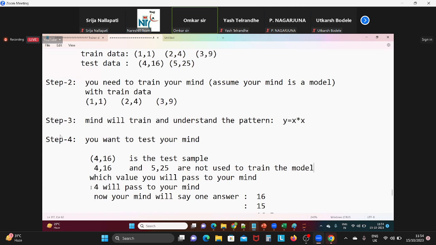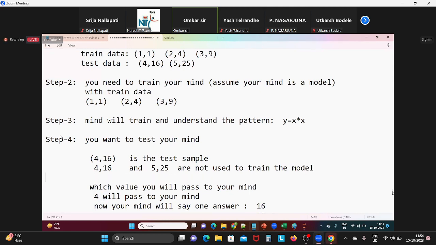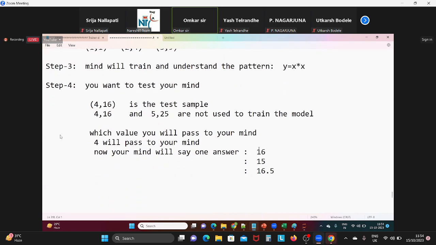That's why we are passing the 4 to test whether your mind is working properly or not. My mind is saying 16. Okay, this is correct. And this mind is saying 15. This is wrong. This is saying 16.5. This is also wrong.